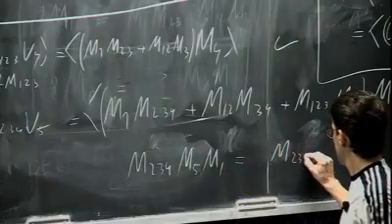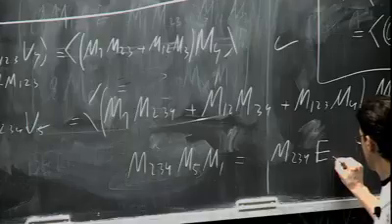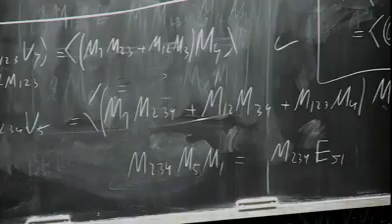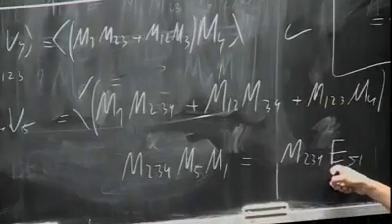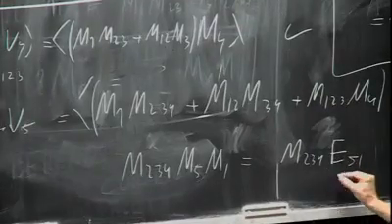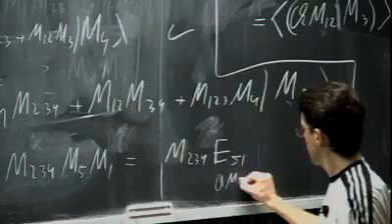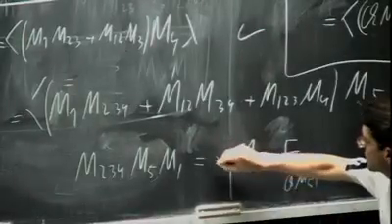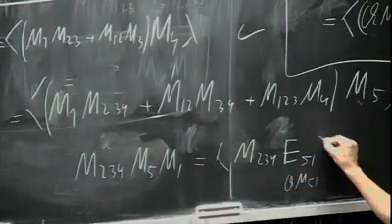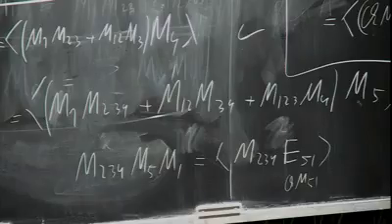So M2,3,4 E51, because I'm allowed to divide by the Mandelstam. And this guy is Q of M51. But remember that these guys are inside the pure spinor bracket.